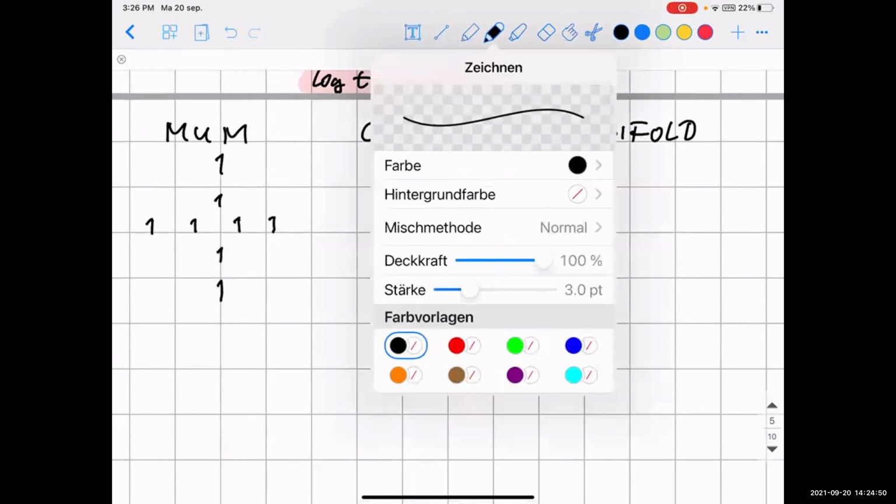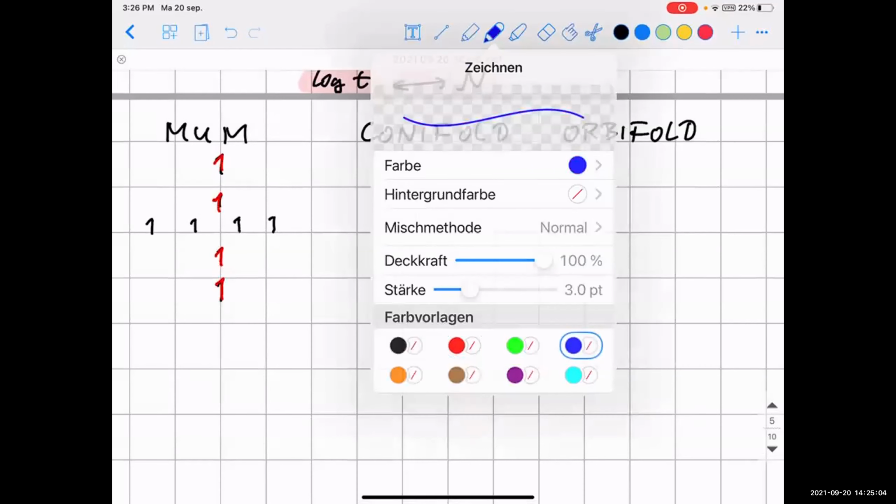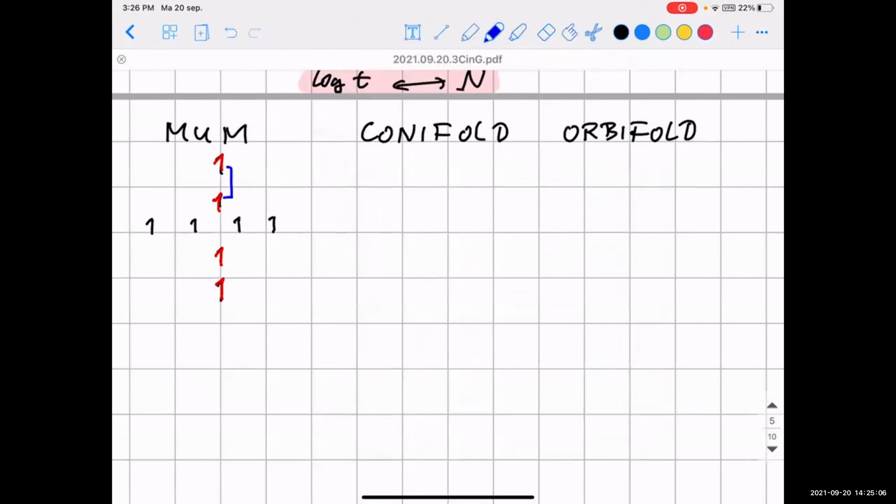Maybe use another color. So after, if you go to the degeneration at the origin, you get this, and there is an N.